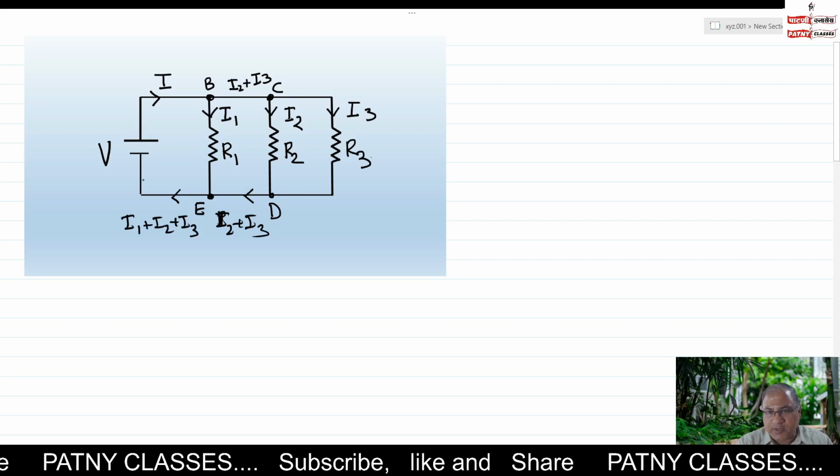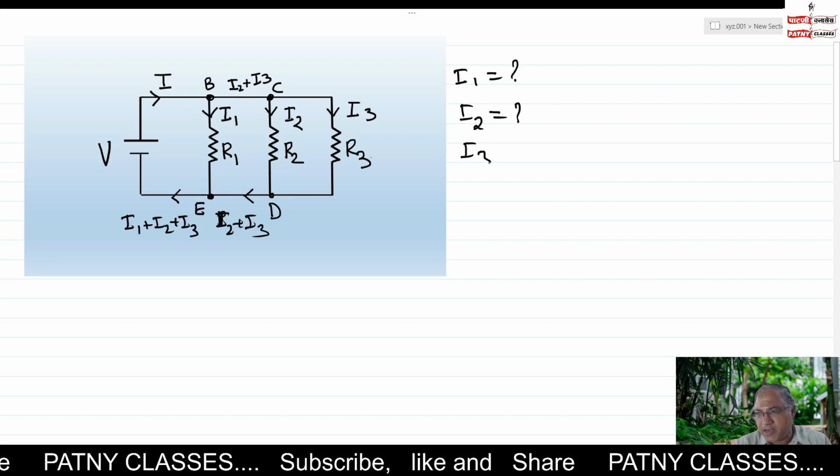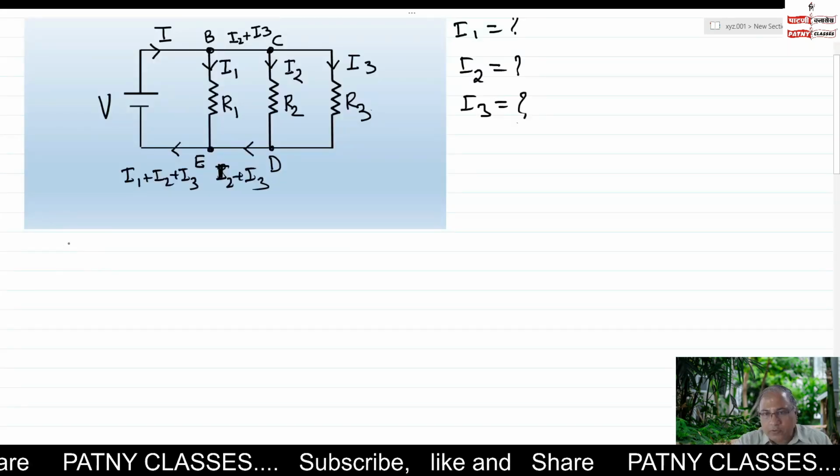In this way, the current flows through the circuit. Our aim is to find I1 equals how much, I2 equals how much, and I3 equals how much. For that, step number 1, find the equivalent resistance, that is Rp.